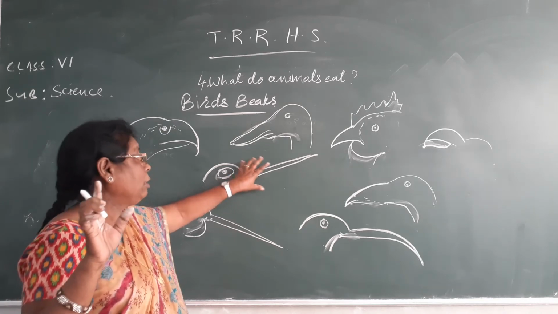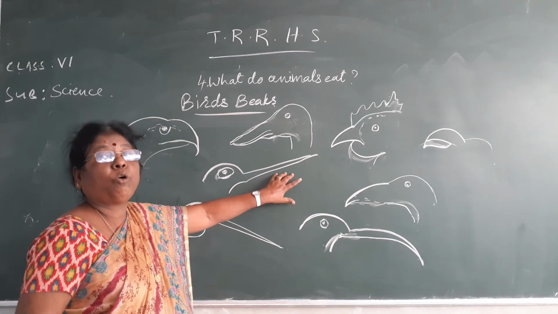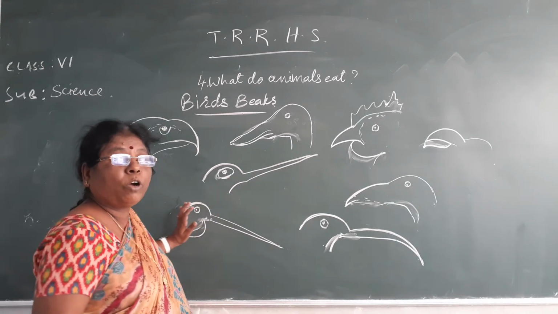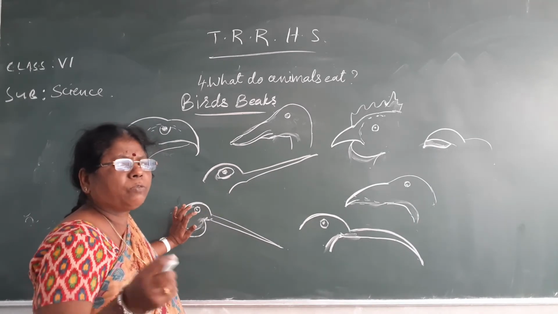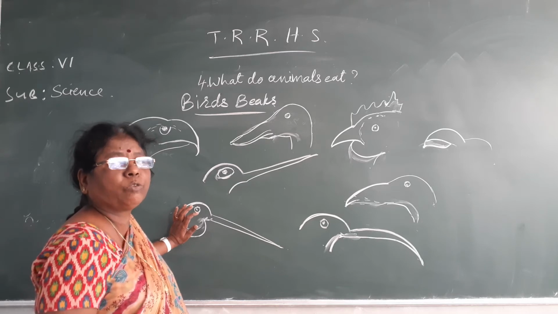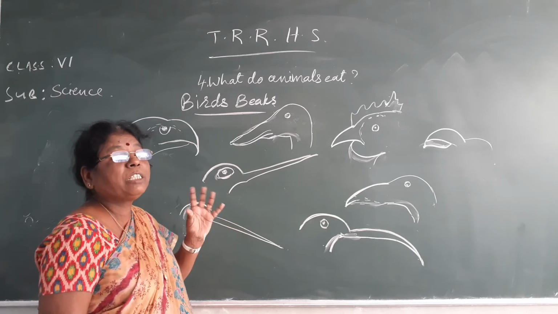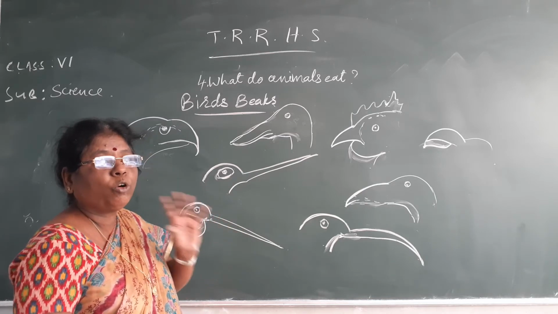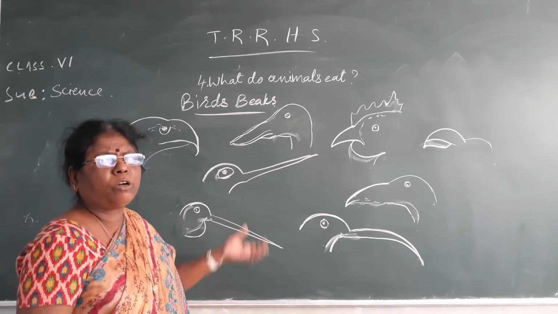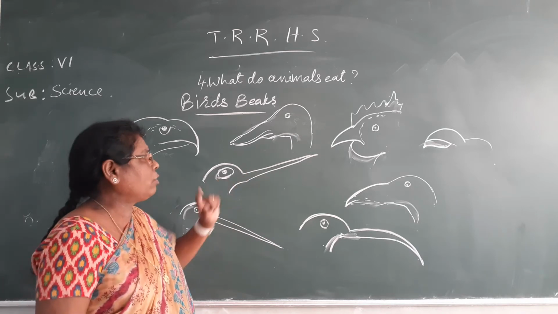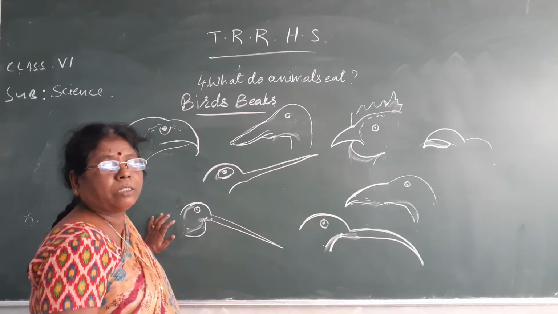With its beak only it makes a hole, and what is there in the trunk? Pests, worms and insects are there, and it captures them with this beak. That is why the name woodpecker is given: wood means the trunk of a tree, and it makes a hole and catches the insects and pests.